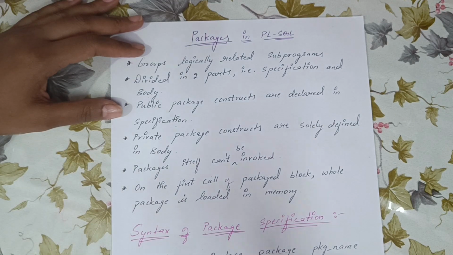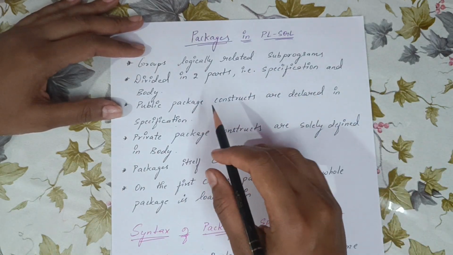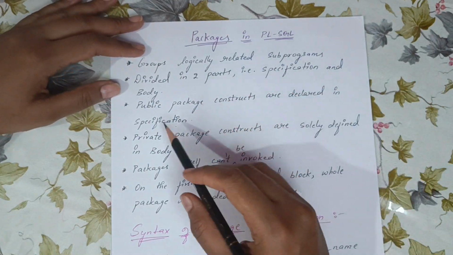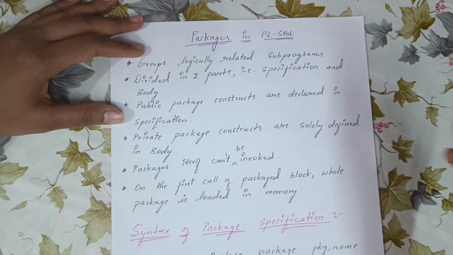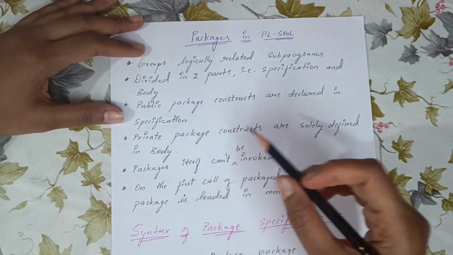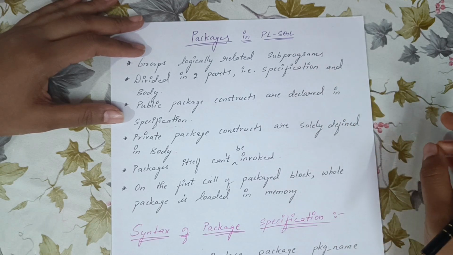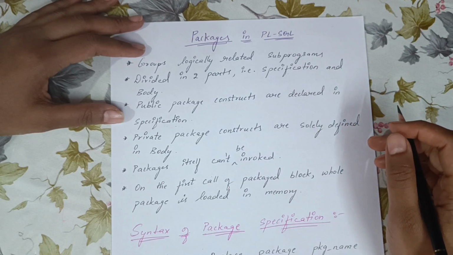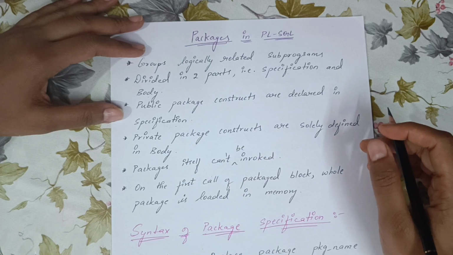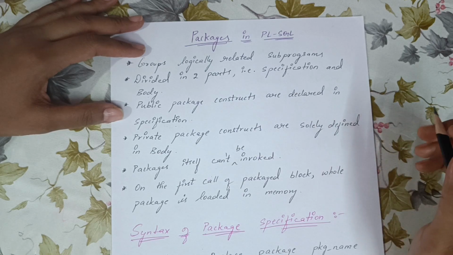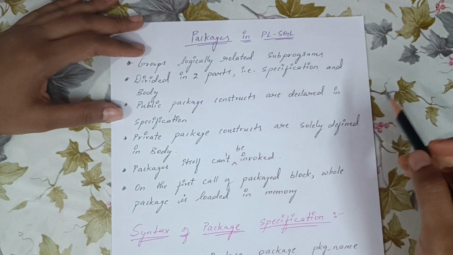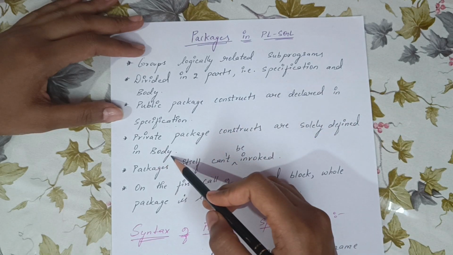So if you want to make something public, you have to define it in the specification part. Whereas if you want to make procedures and functions private, private package constructs are solely defined in the body.